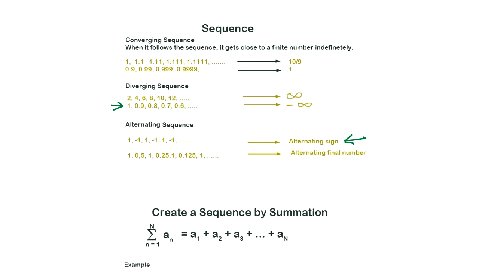How about 1, 0.5, 1, 0.25, 1, 0.125? This side is decreasing. Probably it goes to 0, but 1 is showing up all the time. So it has alternating final numbers. So there are many types of sequence.